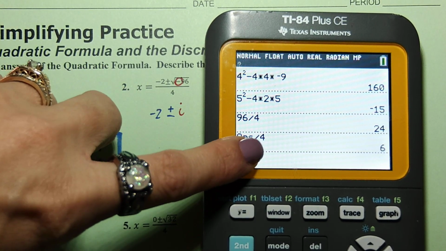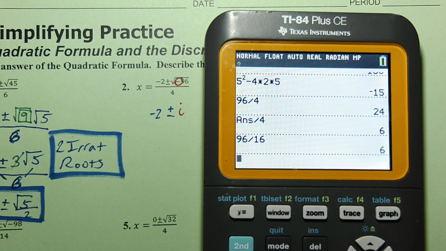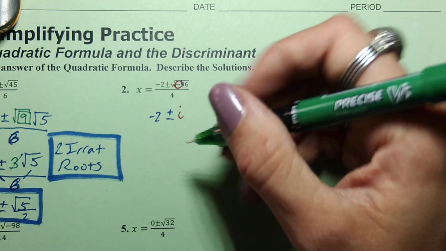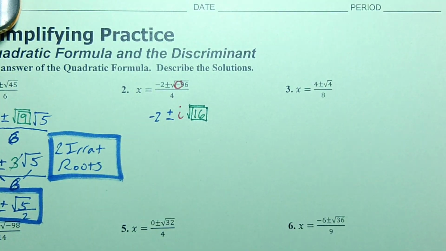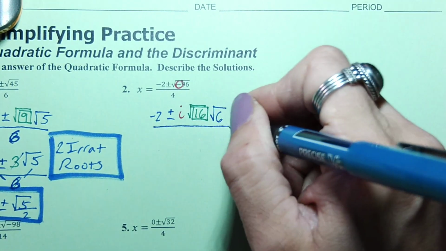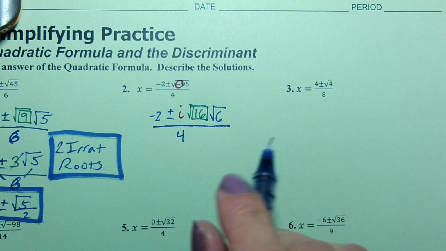So if I can take 4 out and 4 out again, I should be able to take out 16. So 96 divided by 16 gives me 6. So 16, there's the perfect square factor. And 6 is the non-perfect square factor. And that is all over 4.